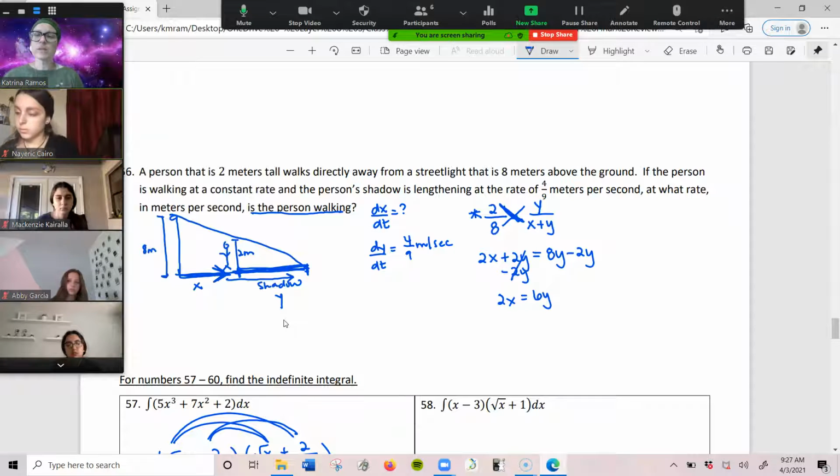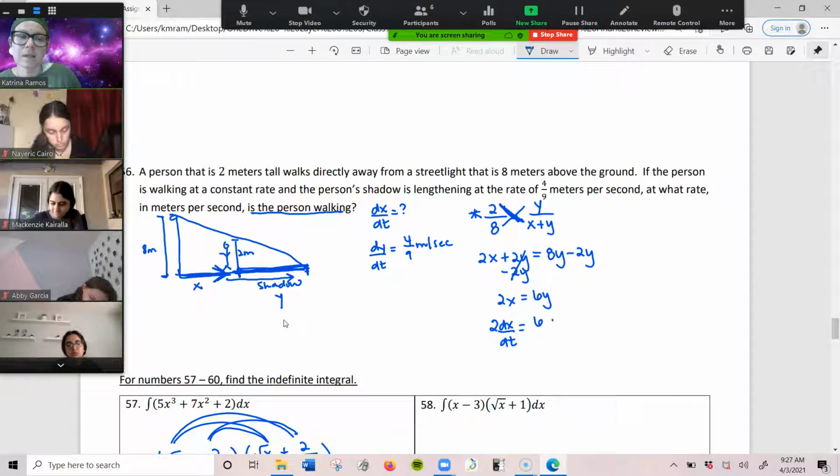Now remember with related rates, our derivatives are always implicit in the sense that when you take the derivative of anything with x or y, it's always dx dt or dy dt. Yes? So this is 2, right? Because the derivative of 2x would just be 2, and then you multiply dx dt, which is going to equal the derivative of 6y, which is 6, and then you multiply dy dt.